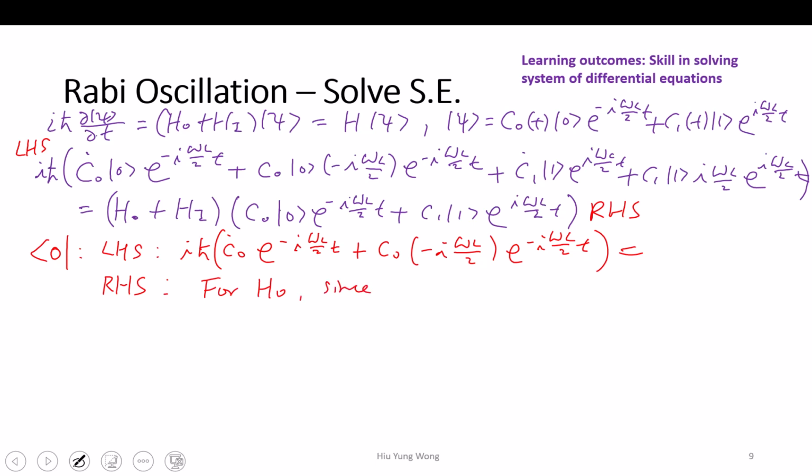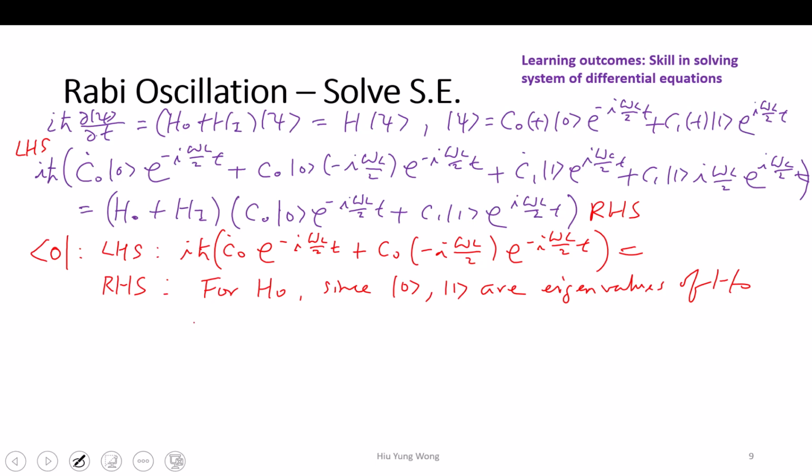For H0, since 0 and 1 are the eigenstates of H0, after applying it you will just get the eigenvalue. So if I apply this H0 to 0, I will get the eigenvalue of 0, and then I will get the eigenvalue of 1, and then this will disappear, right?